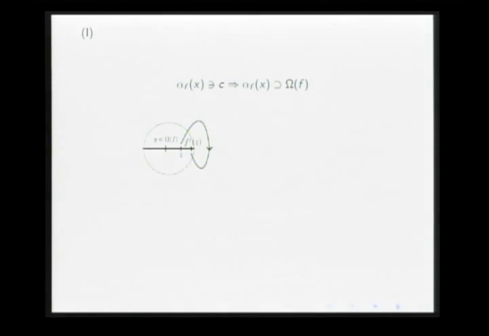So first consider a point whose alpha limit contains the critical point, then it will contain the omega set of the map. So take a point of the omega set, like here, the non-wandering set. Take a point y here like this, the non-wandering set.